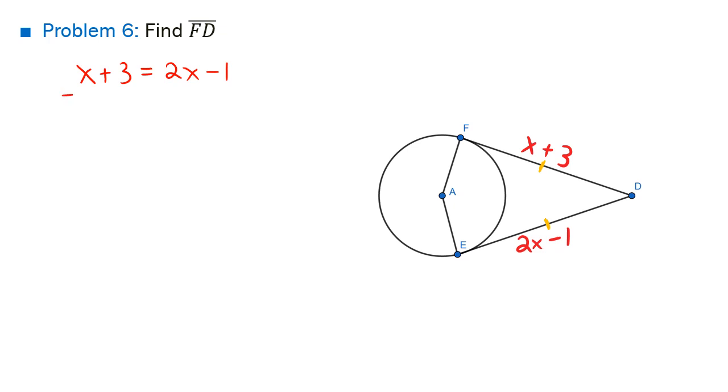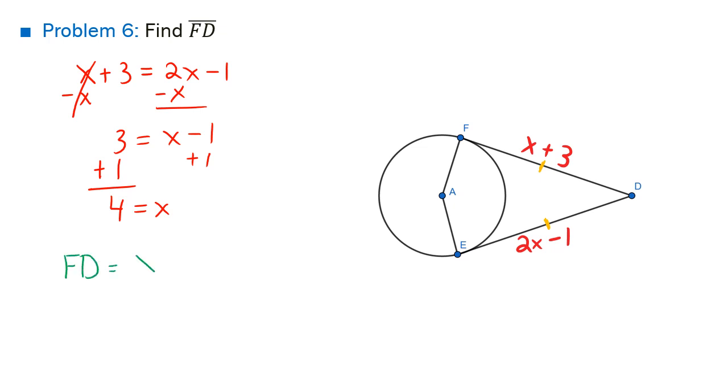So we can subtract the x over here, and 2x take away x is x, add your 1 over, so you have 4, and now you know what x is, you can find DF by substituting in. So DF is equal to x plus 3, plug the 4 in, so 4 plus 3 is 7.